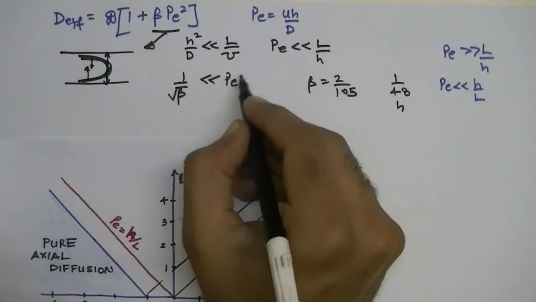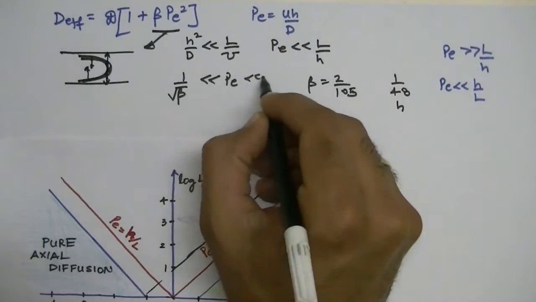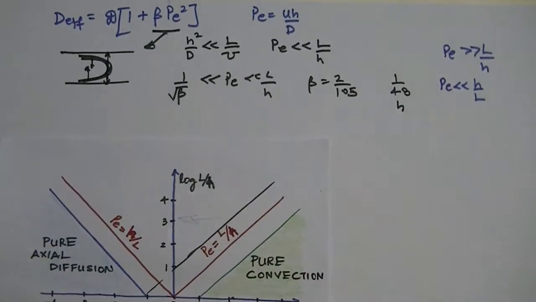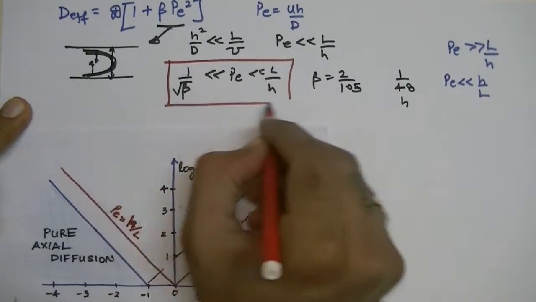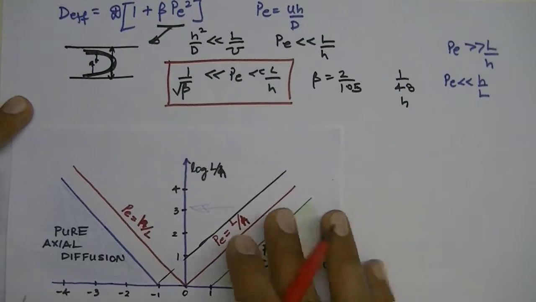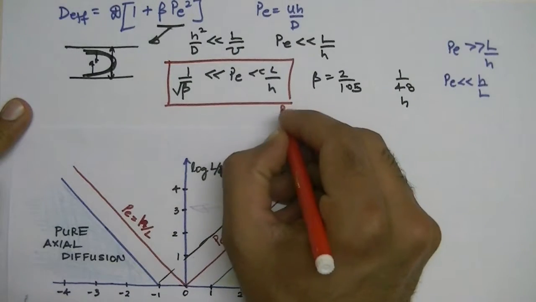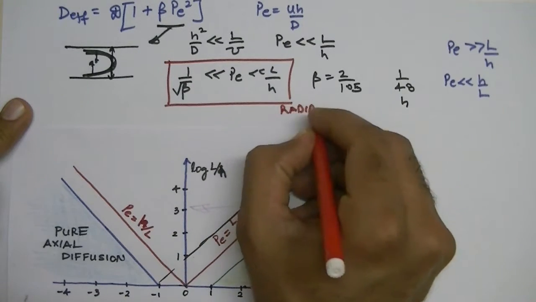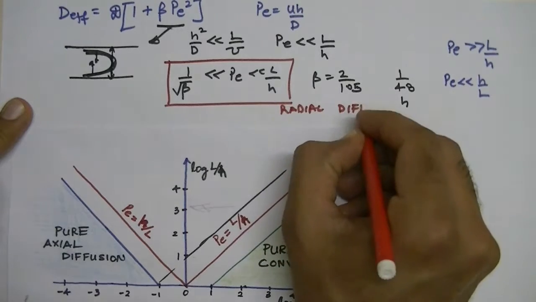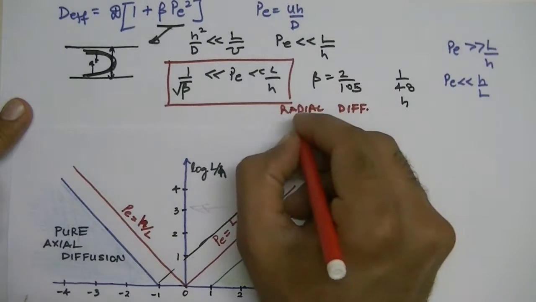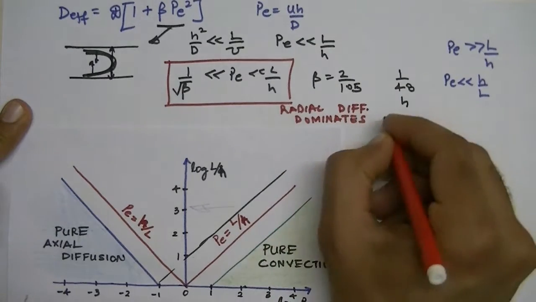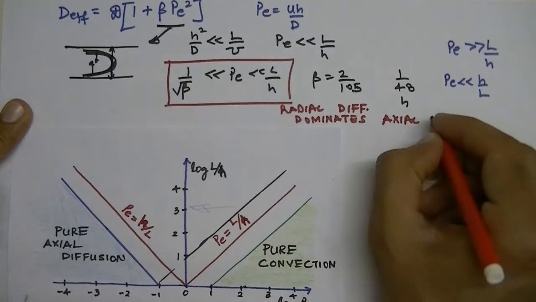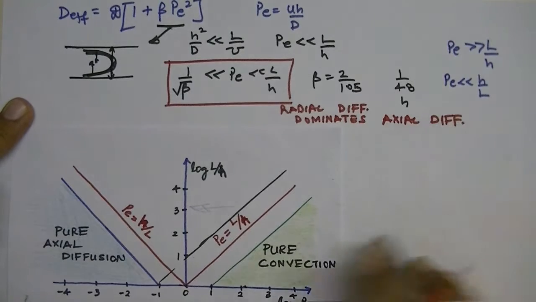So in this regime we have that radial diffusion dominates the axial diffusion.